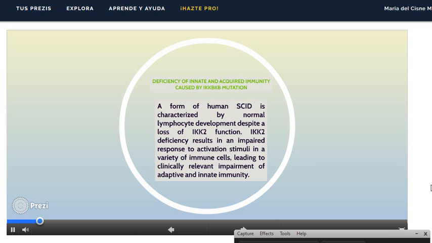A form of human SCID is characterized by normal lymphocyte development despite a loss of IKK2 function. IKK2 deficit results in an impaired response to activation stimuli in a variety of immune cells, leading to clinically relevant impairment of adaptive and innate immunity.